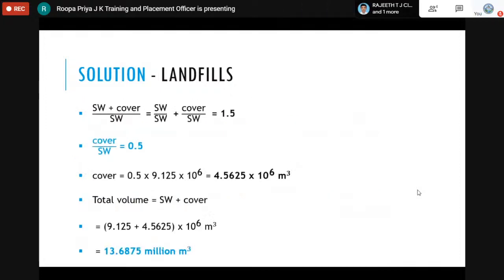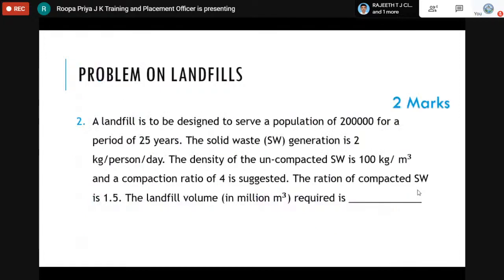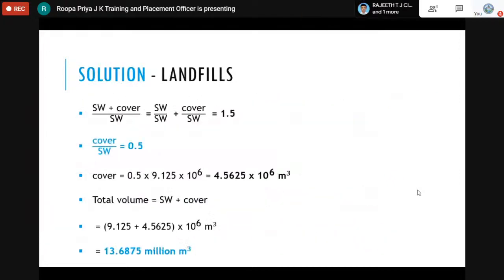So our solution would be, because we also have the solid waste and the cover in the landfills. So solid waste plus the cover divided by solid waste, we have 1.5 in the problem. So this is the ratio of the compacted solid waste, which is given as 1.5. Considering that, we have the cover divided by the solid waste as equal to 0.5.